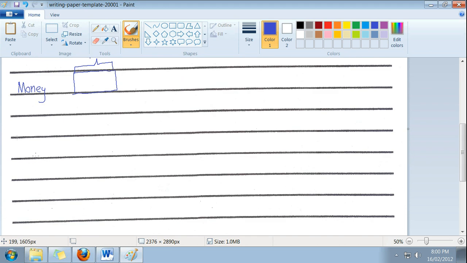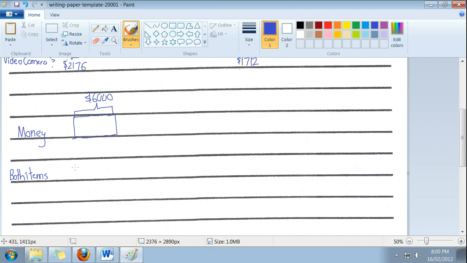So let's write both items here. Now both items cost 5,600. So this bar will be smaller than how much money he has. So he has 5,600.